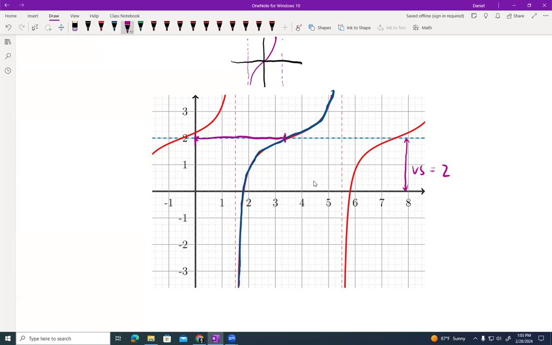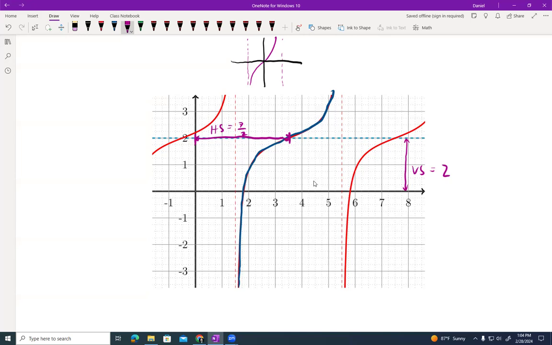Let me try to draw that a little bit better. It's way over here, where it touches the axis of symmetry. That distance right there is our horizontal shift. So our horizontal shift in this case will be 3.5, which is 7/2. And now we've done a vertical shift and a horizontal shift.